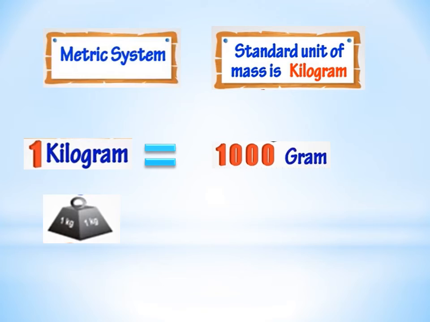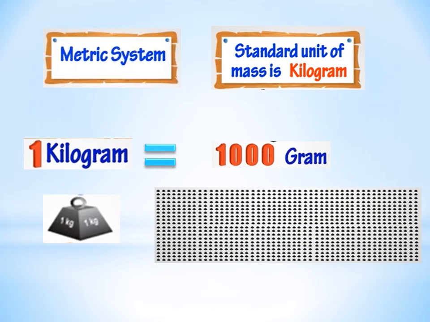So 1 kilogram is made up of 1,000 of these small grams. See these small black dots? Each dot is a gram. If I have 1,000 of these grams, it makes 1 kilogram. So let's learn this together. 1 kilogram equals 1,000 grams.